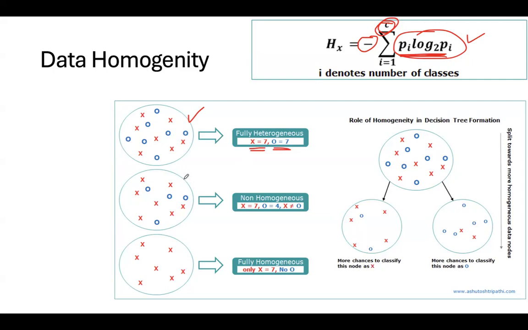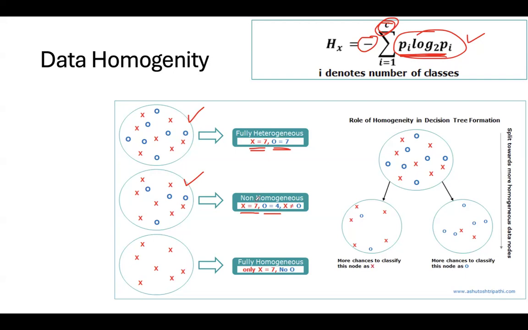In the second circle, you have 7 crosses and 4 circles. So the entropy for circles and crosses can be calculated and then added together.